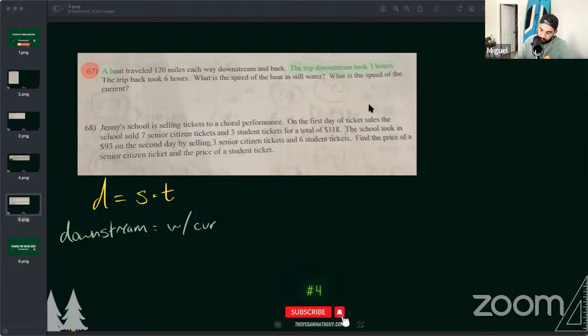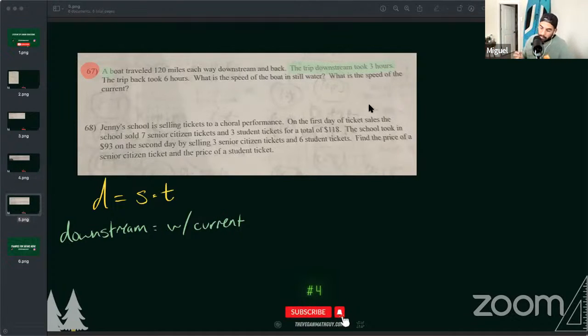And what that means is that whatever speed your boat is going, the current is adding to that speed. So you're actually going to be going a little faster. And of course, when you're going upstream, you're going against the current. So you're going with the speed of your boat and then you're subtracting the current.